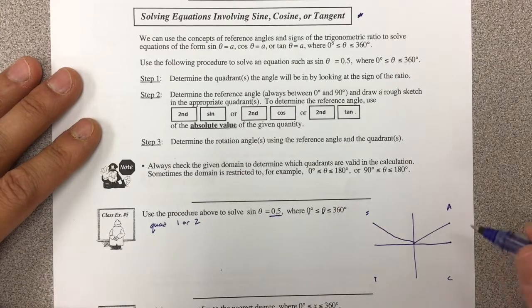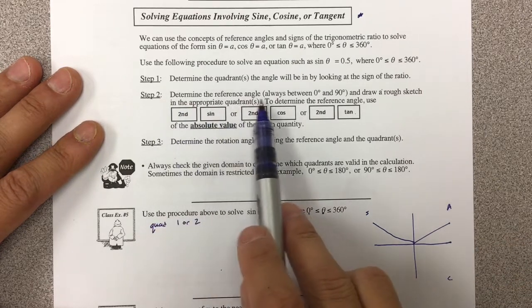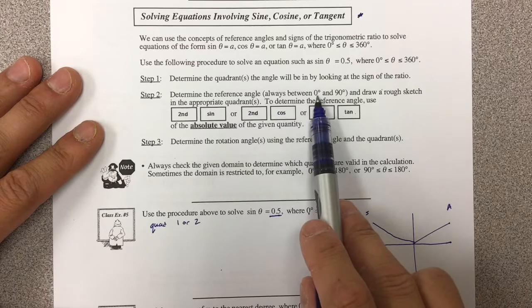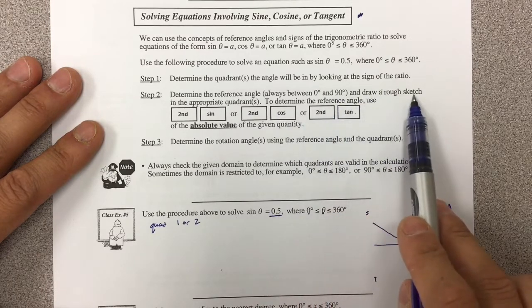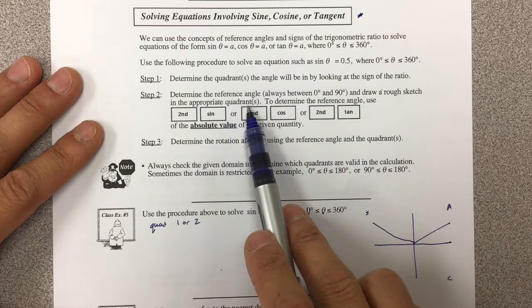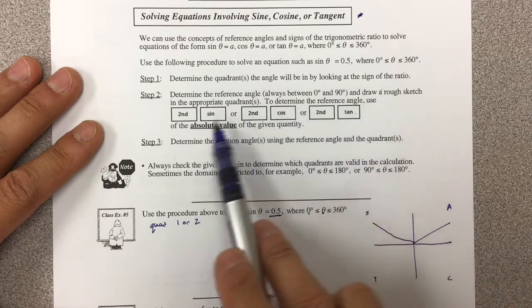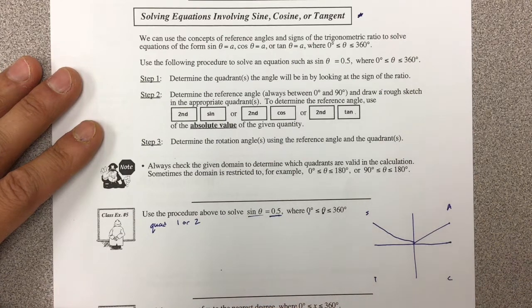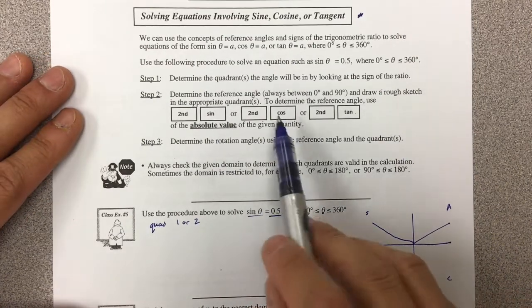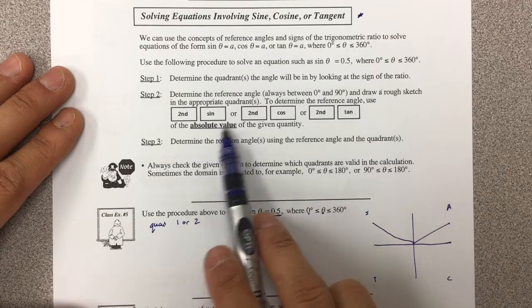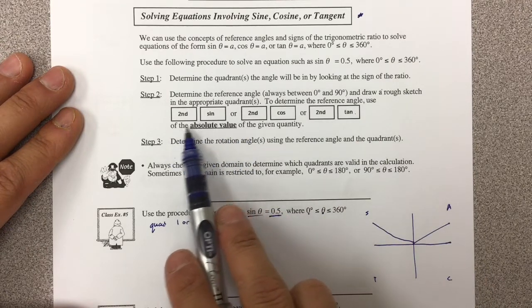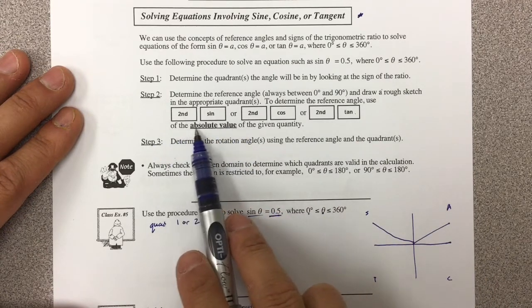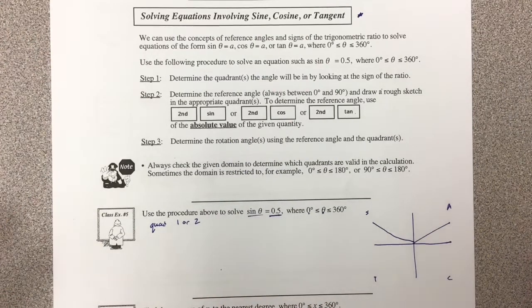Now what we want to do is determine what the reference angle is. So determine the reference angle, always between 0 and 90 degrees, and draw a rough sketch in the appropriate quadrant. To determine the reference angle, we use second sine, because we're using sine theta, and we want the absolute value of the given quantity, so it's going to be positive.